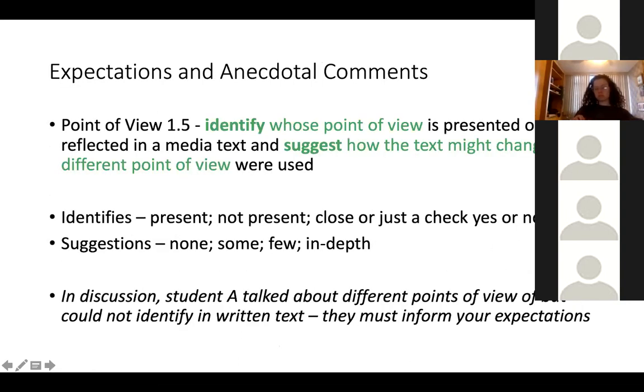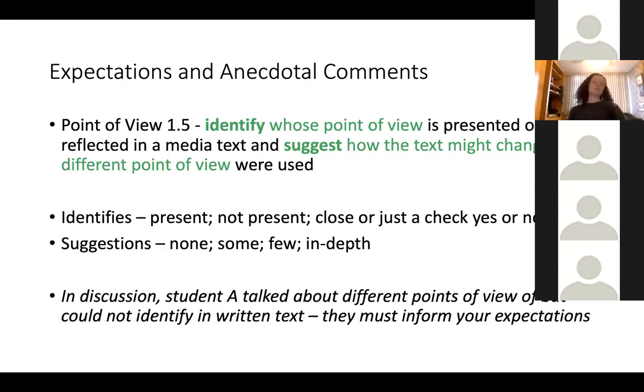So your expectations. For example, if I'm trying to assess and evaluate this point of view expectation, I'm clearly getting them to identify things and I'm getting them to suggest. So I may create success criteria that says, yes, they have identified.